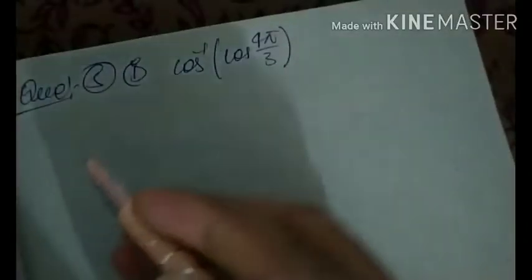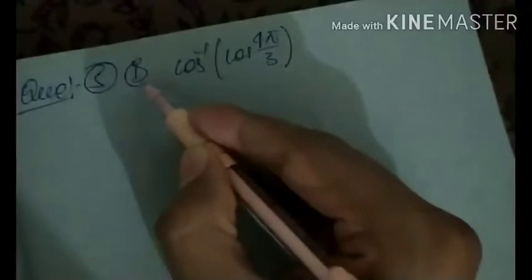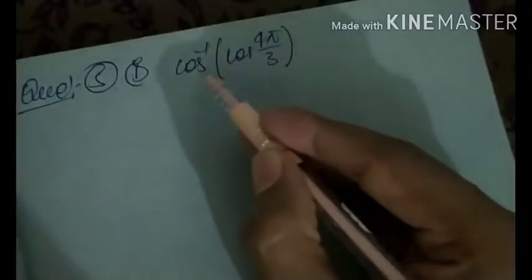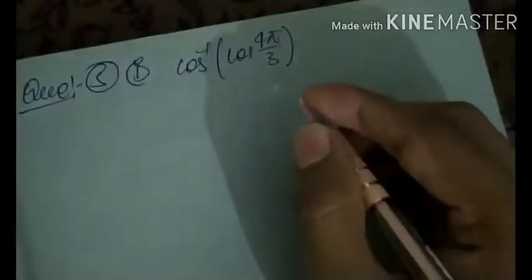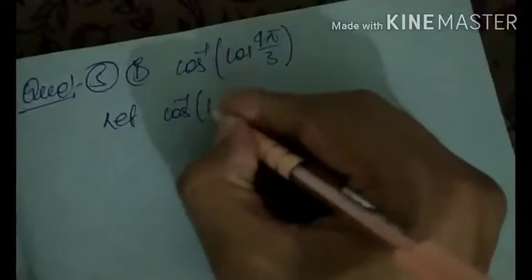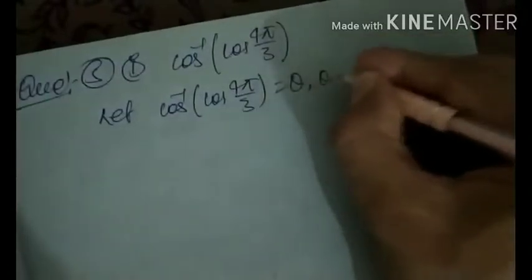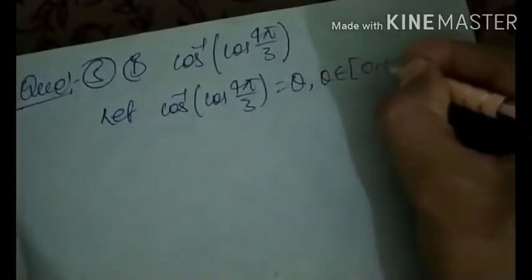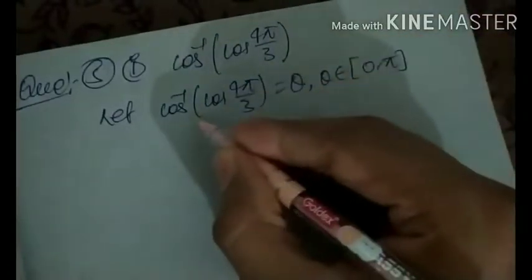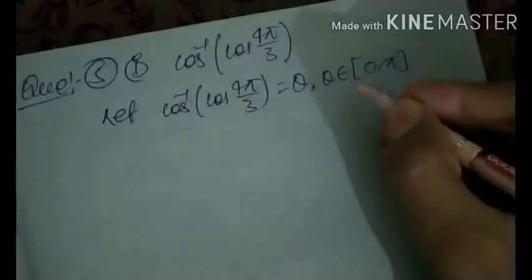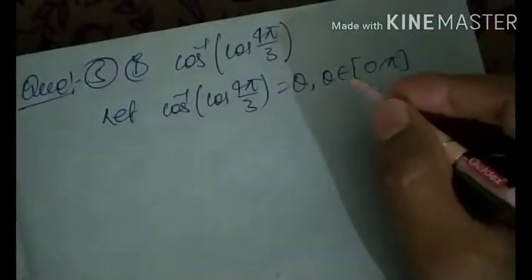Next question is question number 5, first. Find the value of cos inverse cos 4 pi by 3. Let cos inverse cos 4 pi by 3 is equals to theta, where theta is in between 0 to pi, because the range of cos inverse x is 0 to pi.